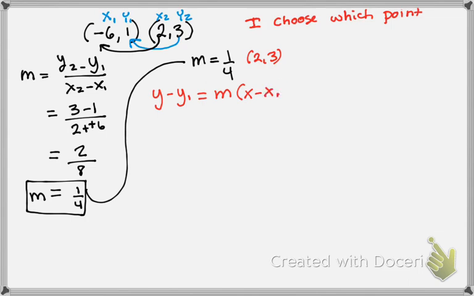And you write this every time because your head's going to be spinning the night before the quiz, trying to stare at formulas and learn it the night before. So every homework problem, you're starting with this. Okay, now I'm substituting in. I've got y minus 3 equals 1/4 times x minus 2.